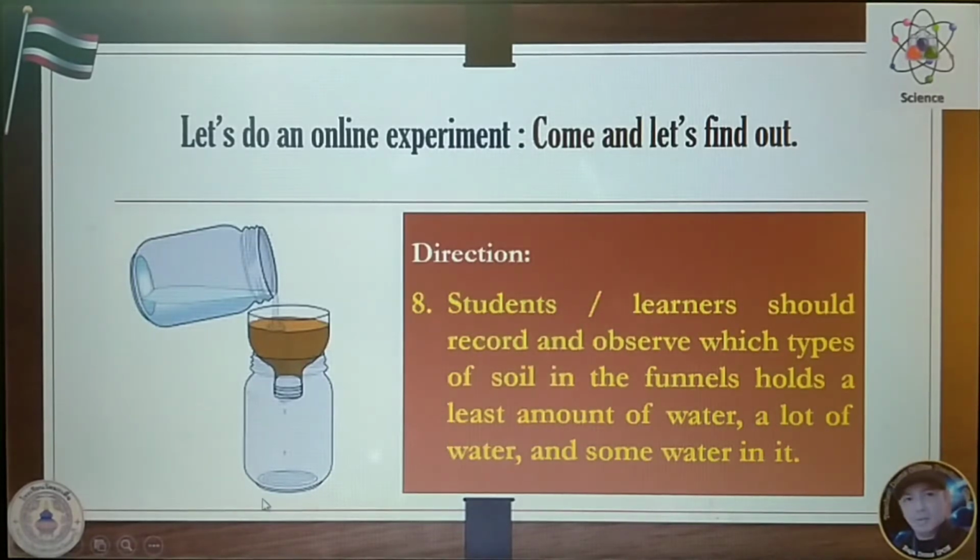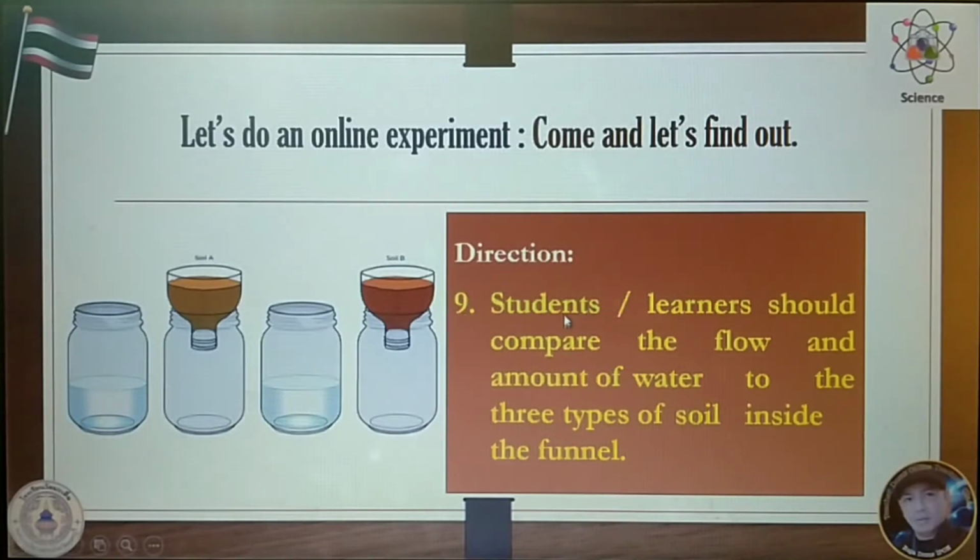Number 8, students, learners should record and observe which types of soil in the funnel holds the least amount of water, a lot of water, and some water in it.